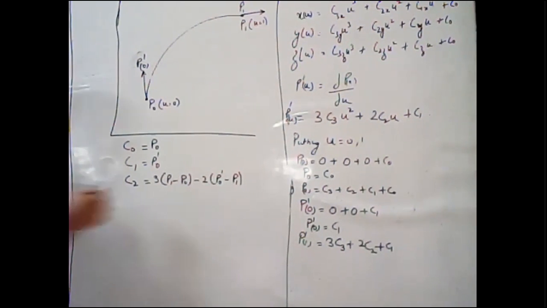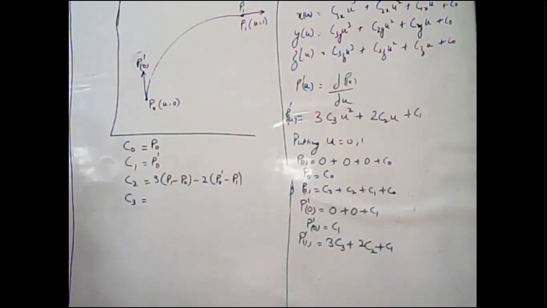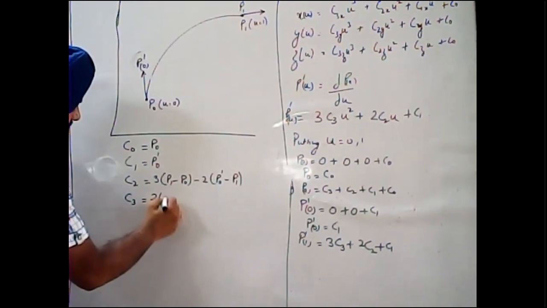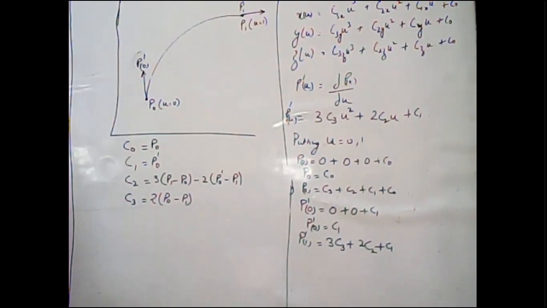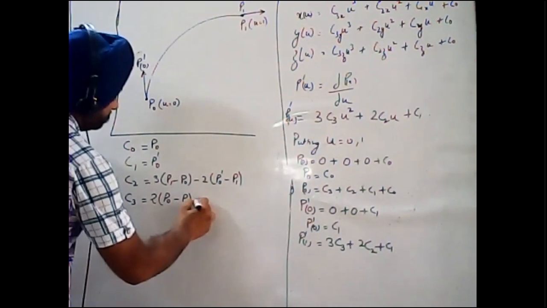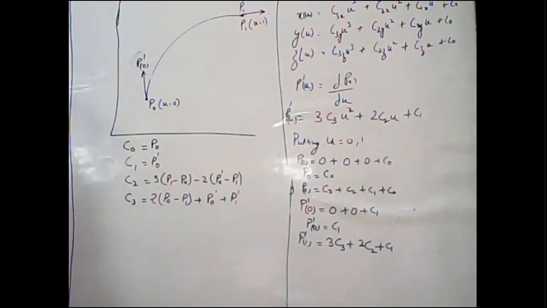And C3, the value of C3, will be twice of P naught minus P1 plus P naught dash plus P1 dash. So you can find the value of C0, C1, C2, and C3.